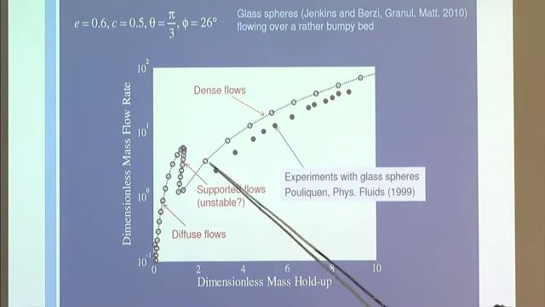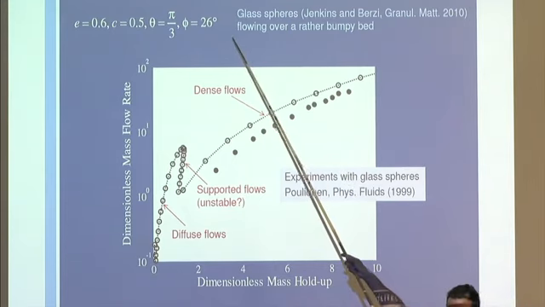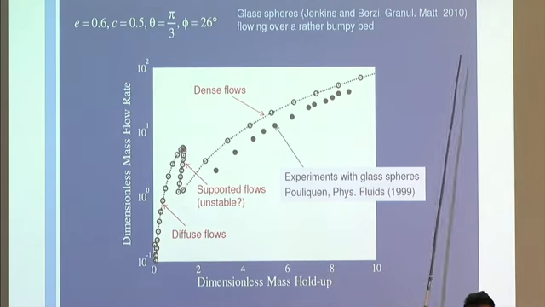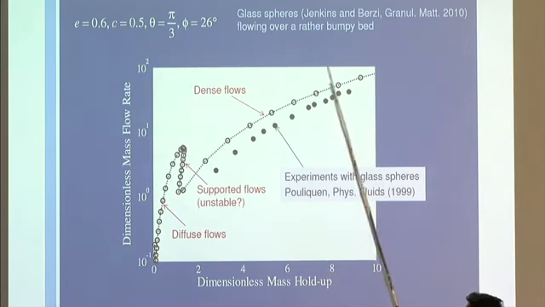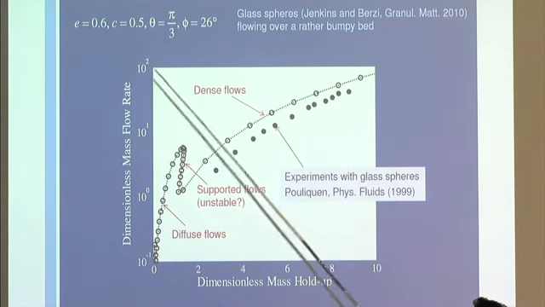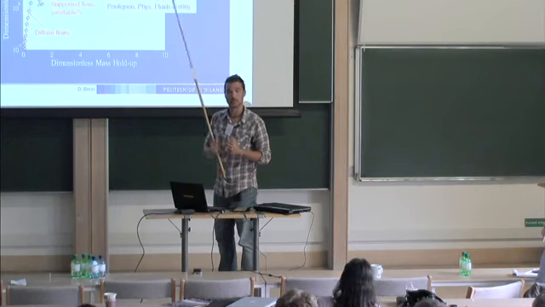And also here, I've plotted the results of Pouliquen on an inclined flow, for an angle of 26 degrees. And here I'm using a bumpiness, which is a measure of how the grains glued at the walls are separated, which is pretty high. That means that the bed is very bumpy.